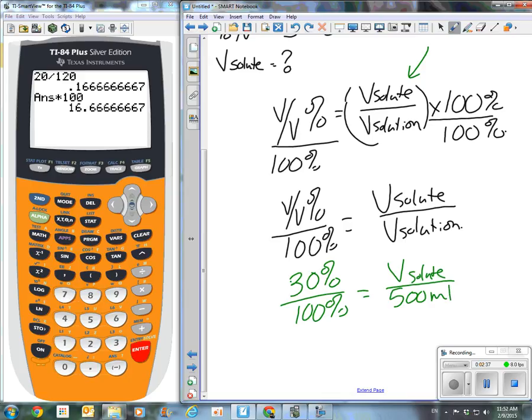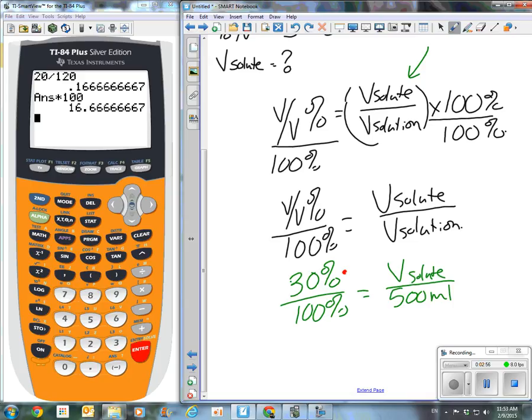What epiphany came to me is just where to start when you cross multiply and divide. I never knew where to start. The place that you need to start from is across the equal sign from the unknown. So here I would start at 30%.